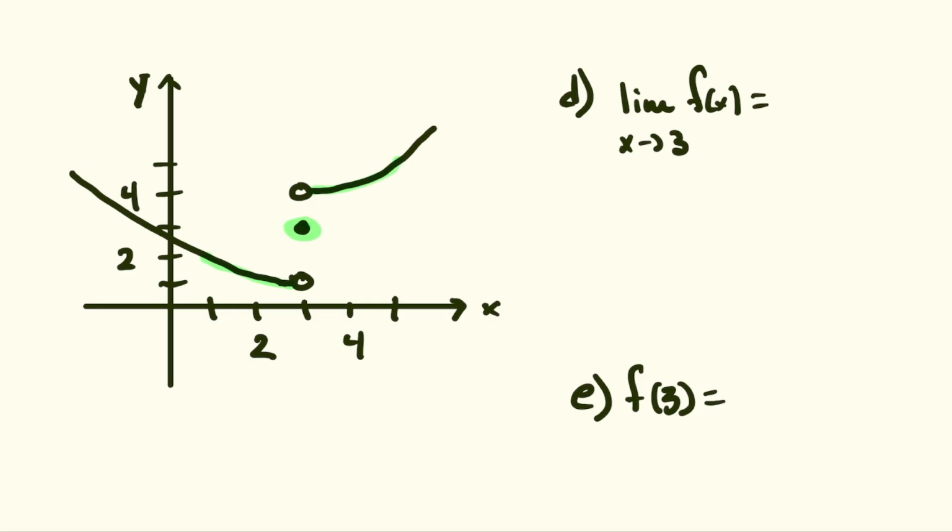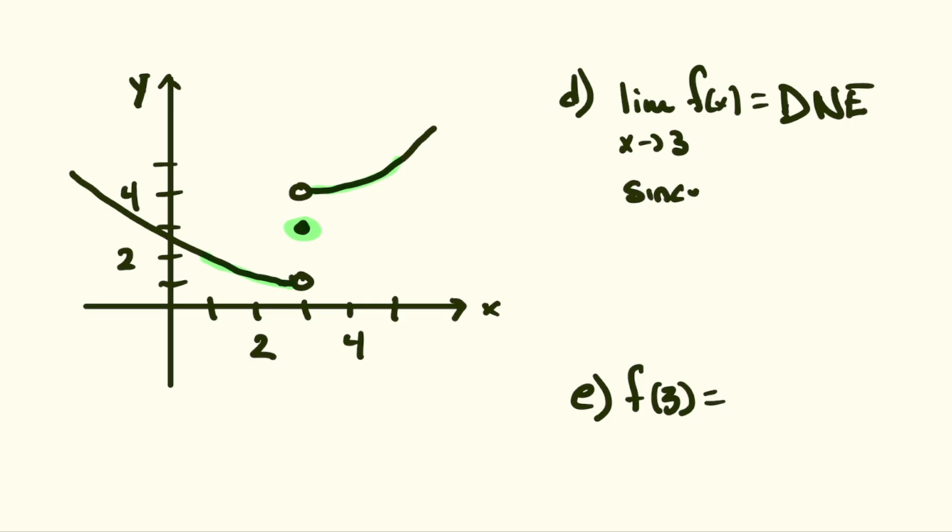And in the middle, at 3, we are actually at the point 3. So those 3 numbers do not match up. And when they don't match up, we write DNE for does not exist.